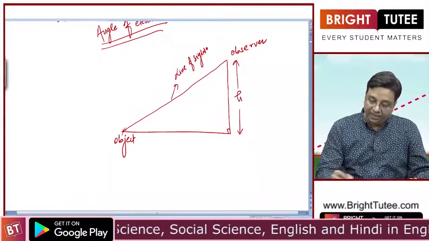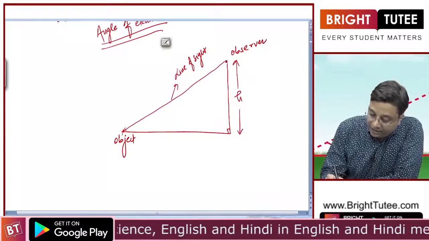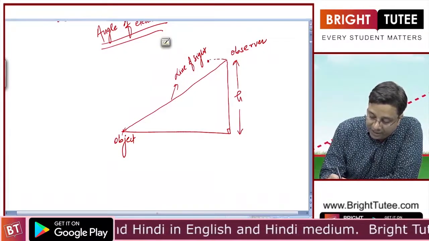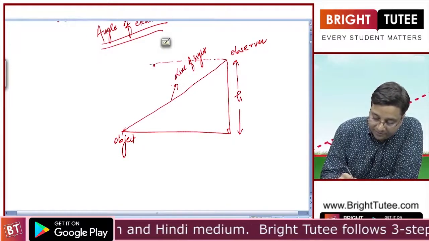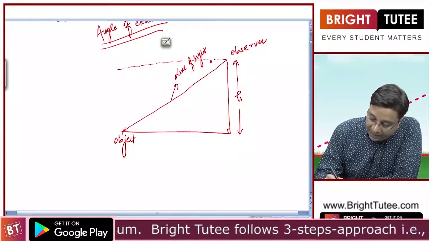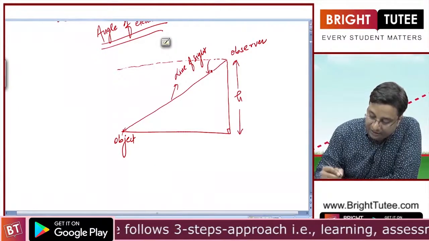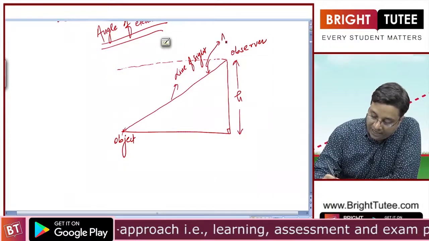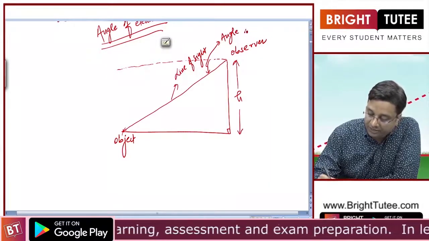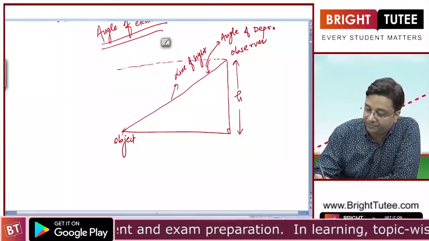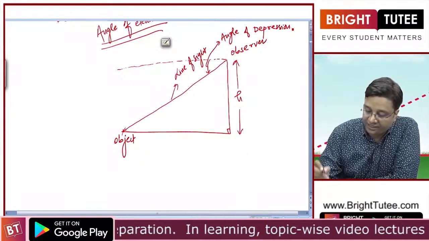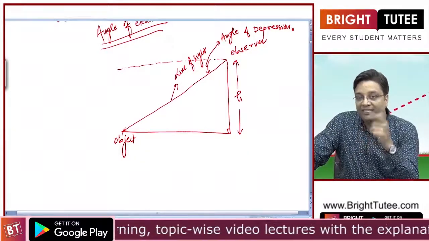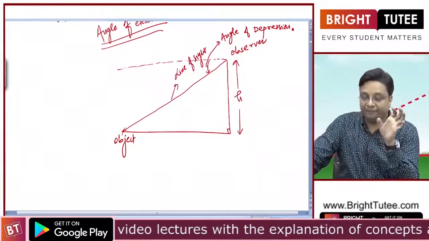And this angle you make with a horizontal line here, and this angle here is known as angle of depression. Angle of depression is again made with a horizontal line.